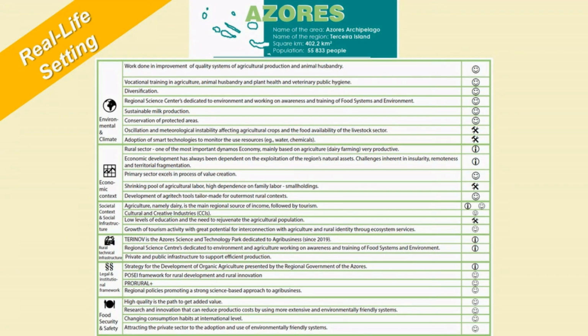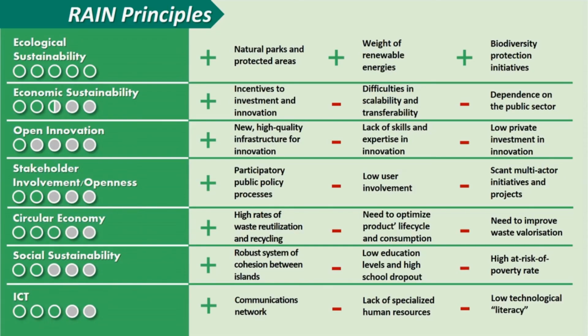The real-life setting has been evaluated by each partner region in LIVERUR. The Azores Regional ID card contains a comprehensive assessment of its strengths and weaknesses. This information helps in understanding how the Azores is faring in what regards the RAIN principles.